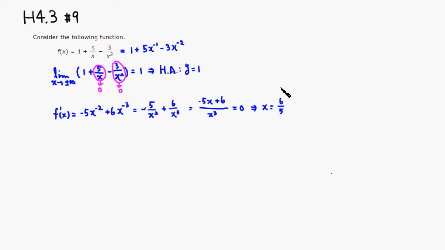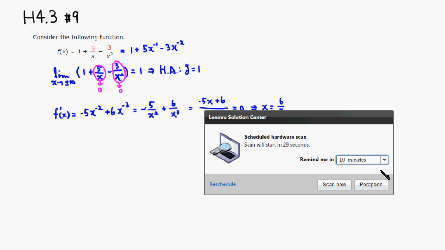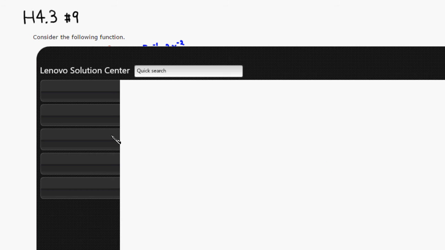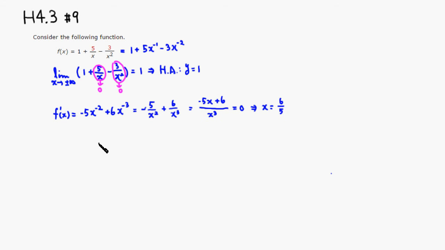Then we can draw a number line. I'm going to put the tick marks where x equals 0 and x equals 6 over 5. Then we're going to look at the sign of f prime.